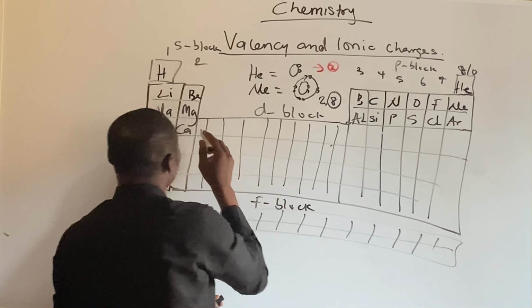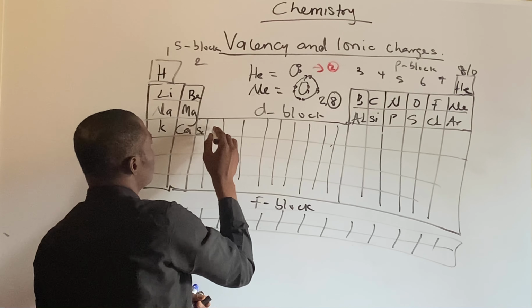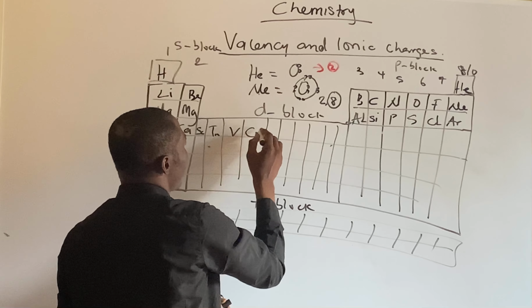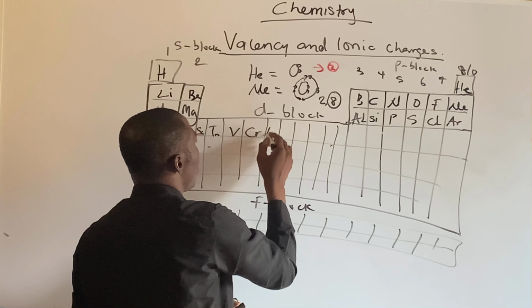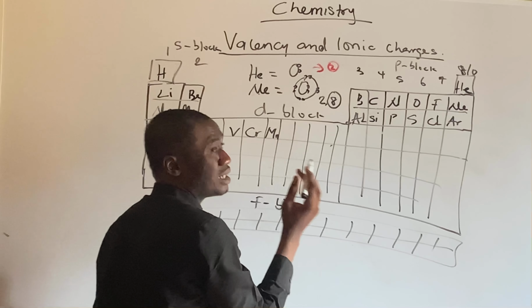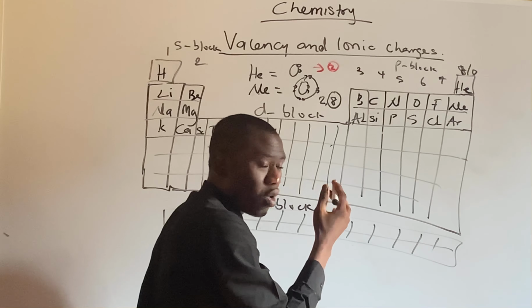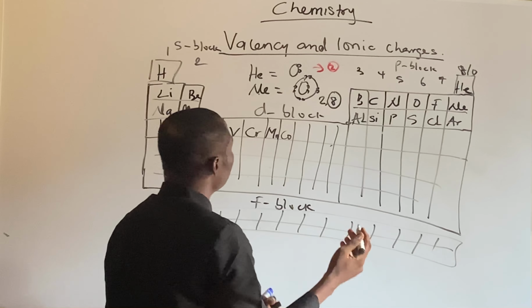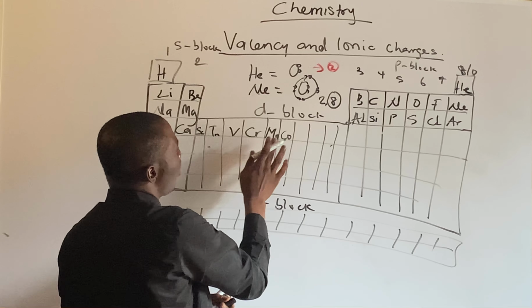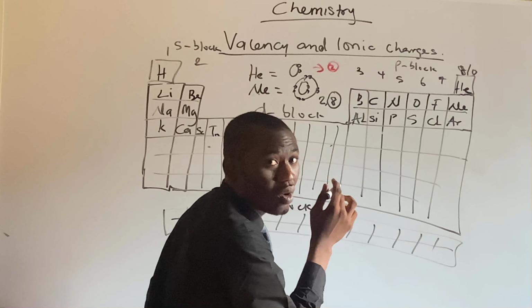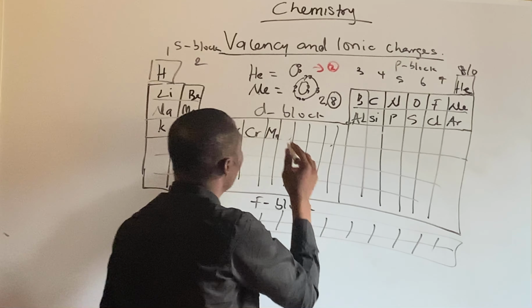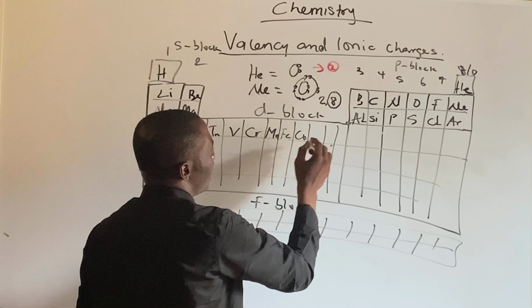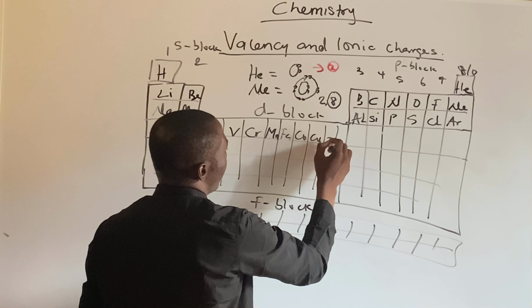So say should be scandium, 2 should be titanium, Vero should be vanadium, cry should be chromium, cry more should be manganese, cry more for is iron, company is cobalt, Nigeria is nickel, then copper and zinc.